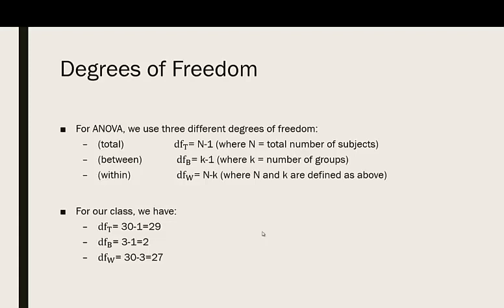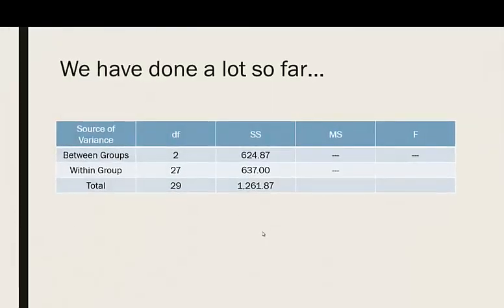On this next slide, what we start to see is the beginning of what we call the ANOVA summary table. You can see from this table our sources of variance, our degrees of freedom, and our sum of squares. These are the things that we have determined up to this point.